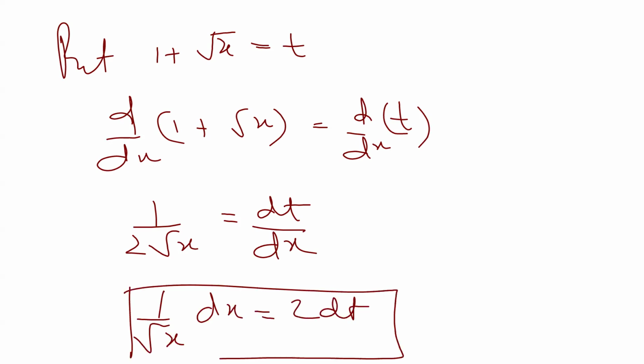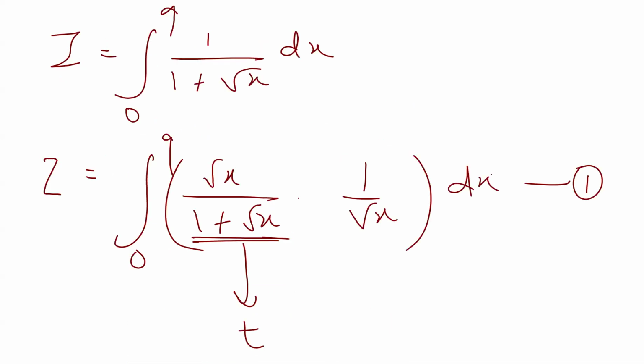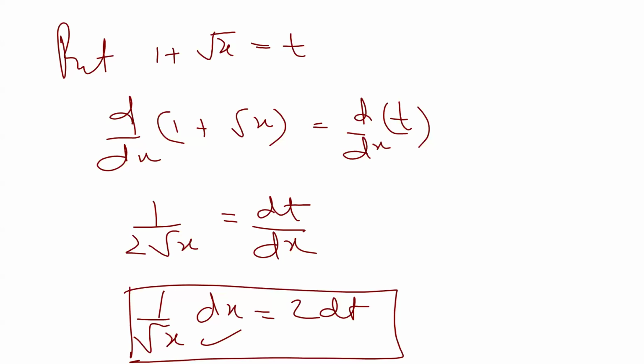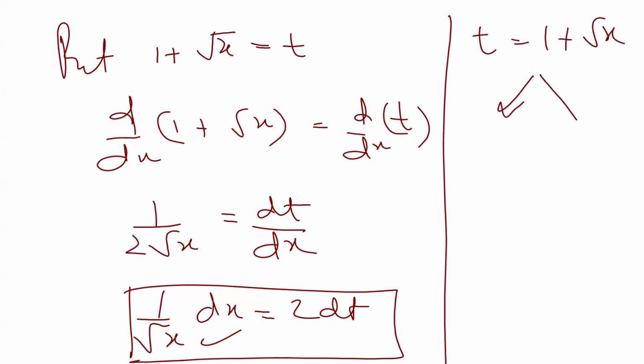Now why are we grouping 1 upon root x dx? The reason is on the previous slide, we are having 1 upon root x dx. Now 1 upon root x dx is 2 dt. Now t is equal to 1 plus root x. Lower limit x is equal to 0, upper limit 9.